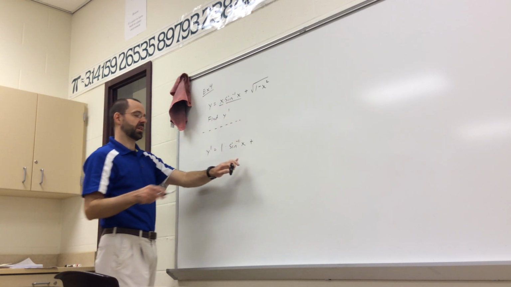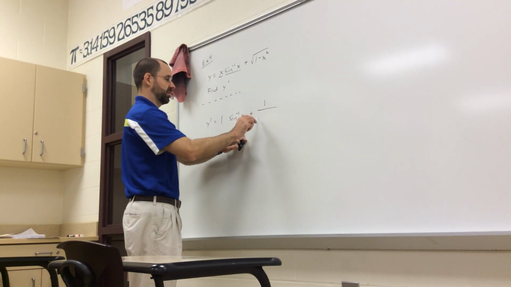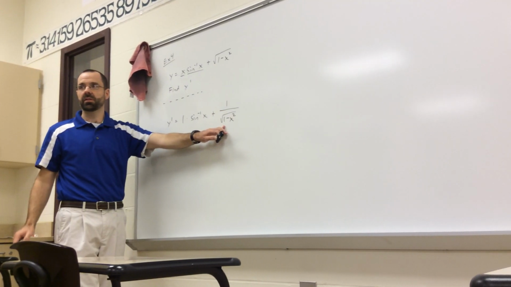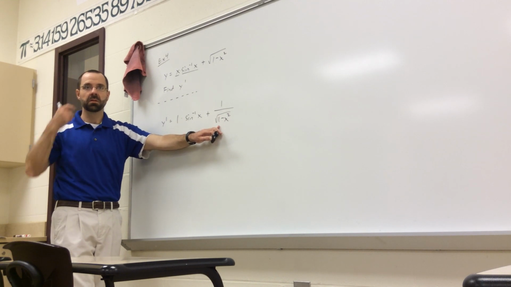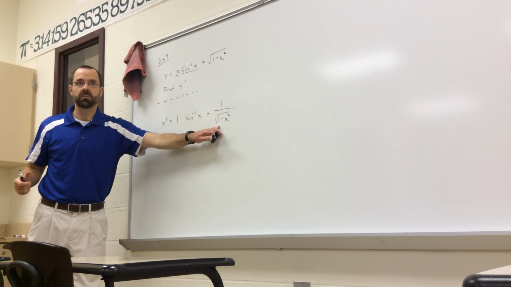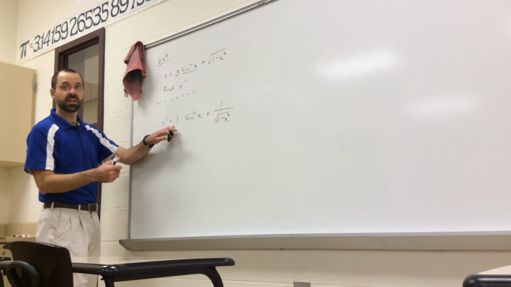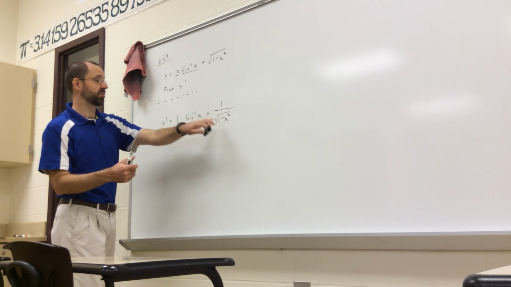So I think it's 1 over the square root of 1 minus x squared. Am I remembering that right? That's the derivative of inverse sine. Good. Okay, so I got derivative of the first thing times regular second thing plus derivative of the second thing.